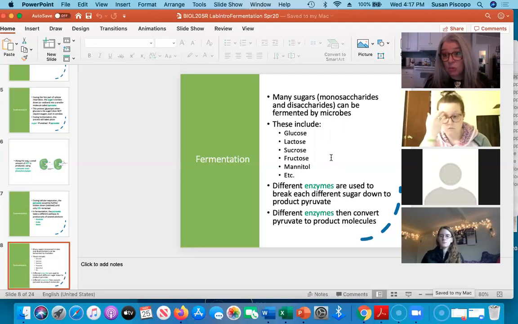And depending on which enzymes they're using, they're going to get different products. But the product list is still the same. It's either an alcohol or an acid and or a gas, some combination of alcohol, acid, and gas.